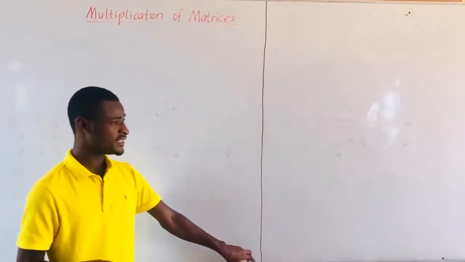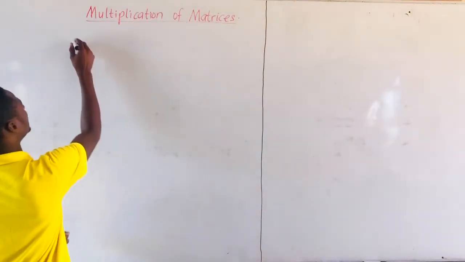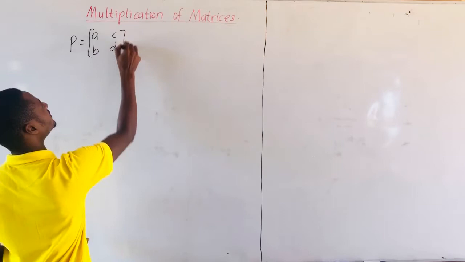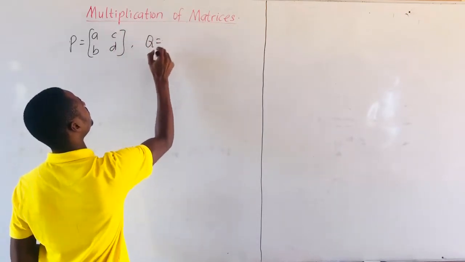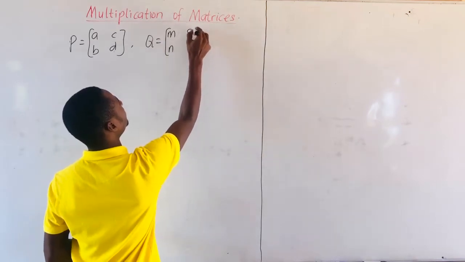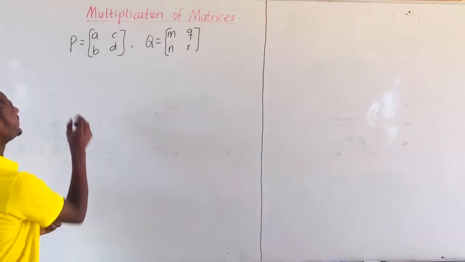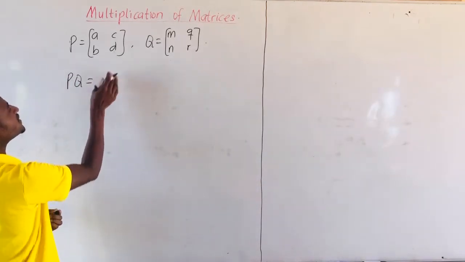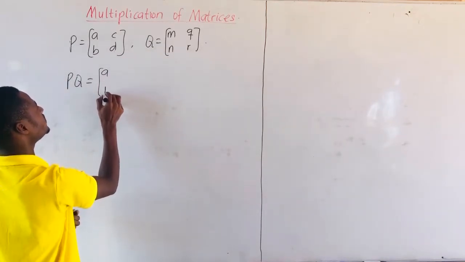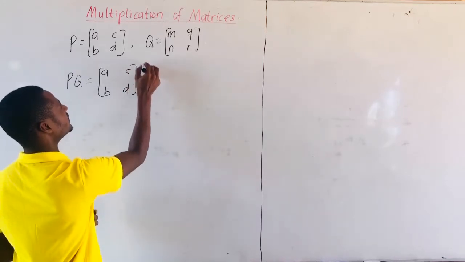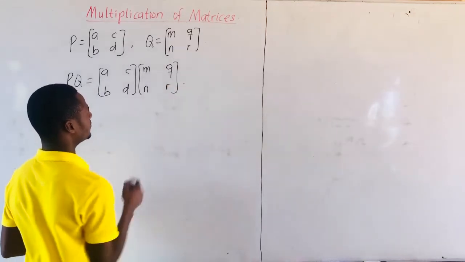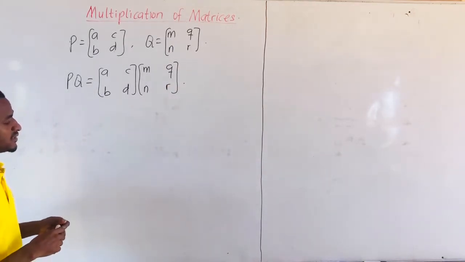In matrix multiplication, when we are given two matrices, P equal to A, B, C, D, and then matrix Q equal to M, N, Q, R, then PQ is written as A, B, C, D times M, N, Q, R. How do we multiply these two matrices?